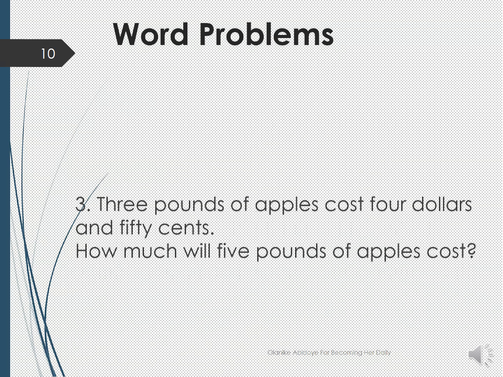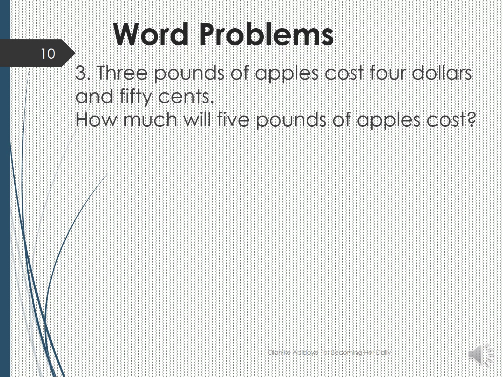We are looking at another problem. We have 3 pounds of apple cost $4.50. So if you write that, we have 3 pounds of apple cost $4.50. How much will 5 pounds of apple cost?